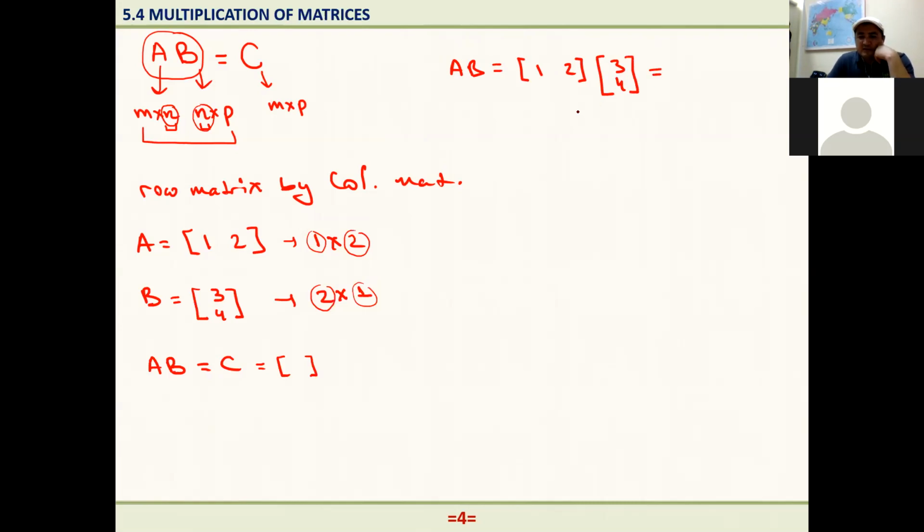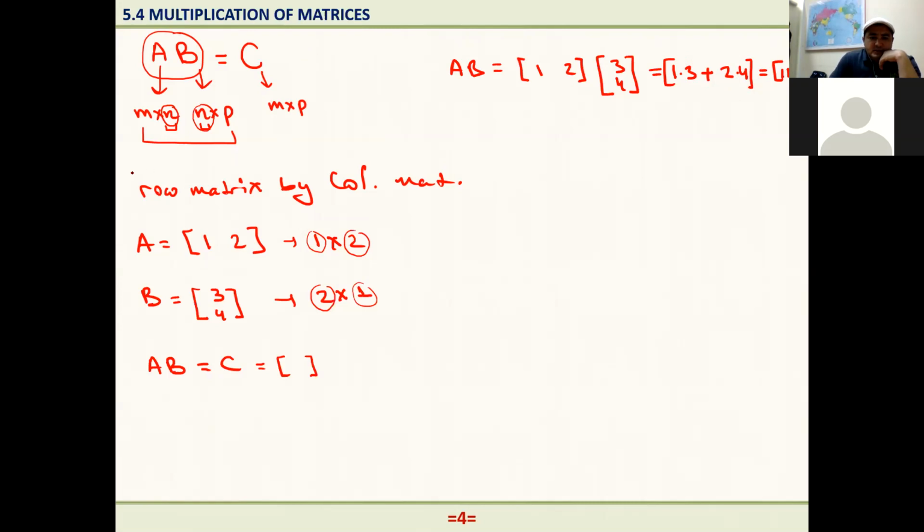And we define that to multiply a row matrix by a column matrix, we multiply their corresponding elements or entries and add them up. That means the first entry with the first entry. So here we have 1 times 3 plus the second entry with the second entry, that is 2 times 4, which is equal to 3 plus 8. So the result is 11.